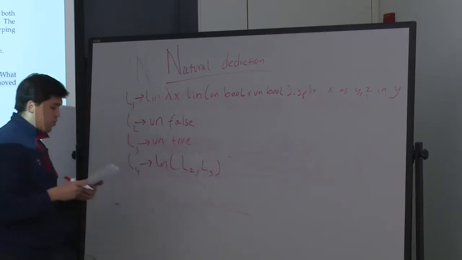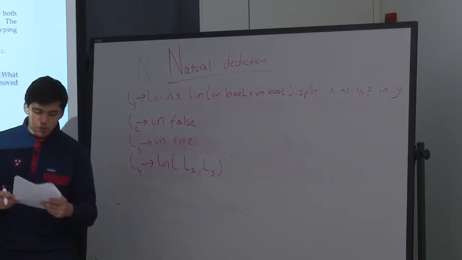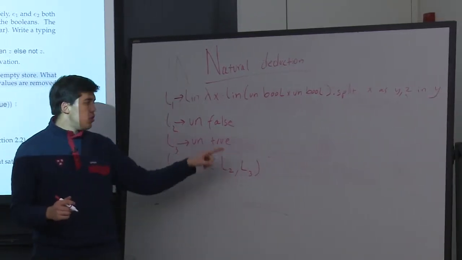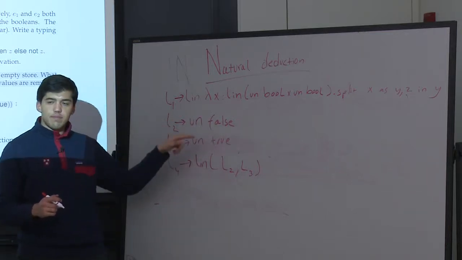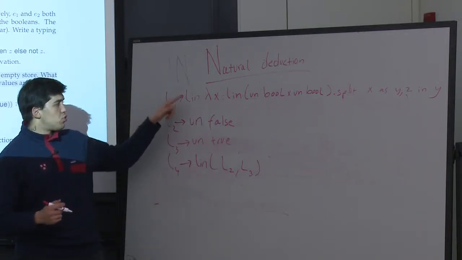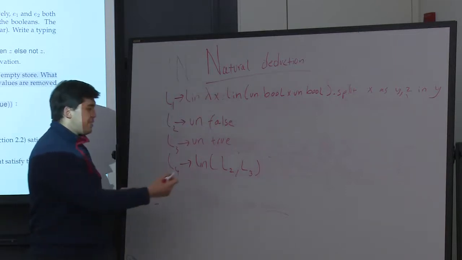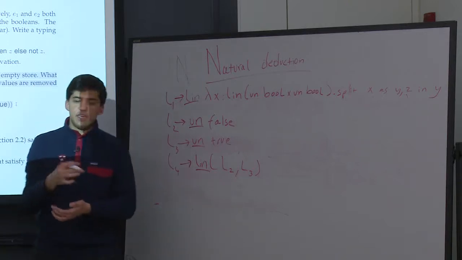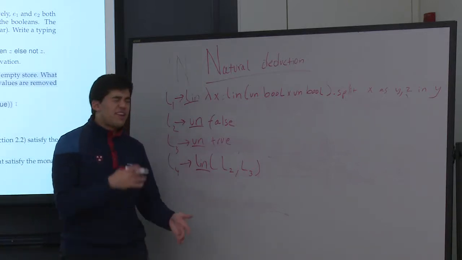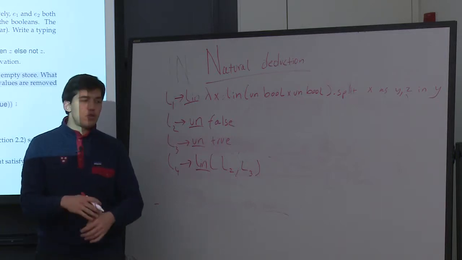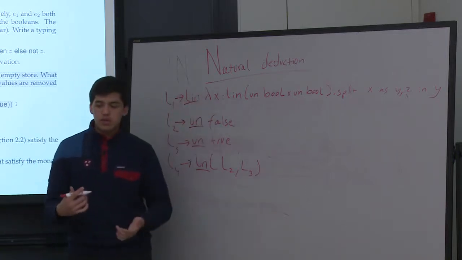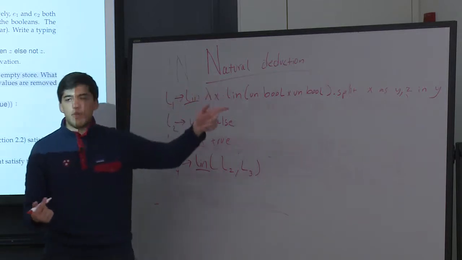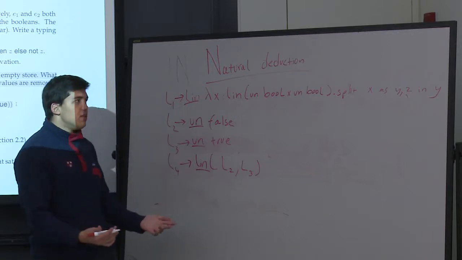What do we see from here? We see that we are storing overall 2 unrestricted types of values and overall 2 linear types of values. Why? Because these 2 start with a linear, these 2 start with unrestricted type. And as I've said before, the whole purpose of the linear typing system is that once you utilize a variable, once you already store that variable in your store and proceed in evaluating your expression, you can get rid of that because your language guarantees that you won't be using that again. So what does the computer do?